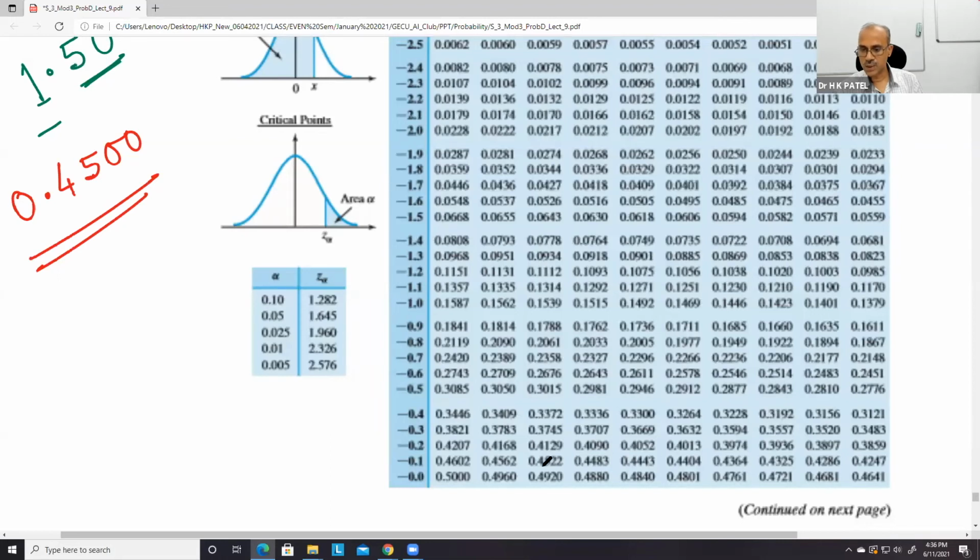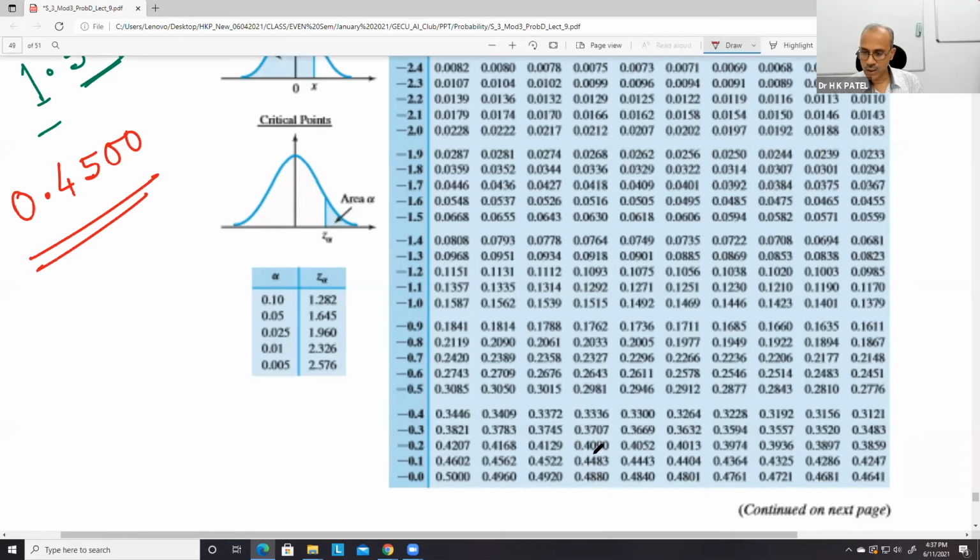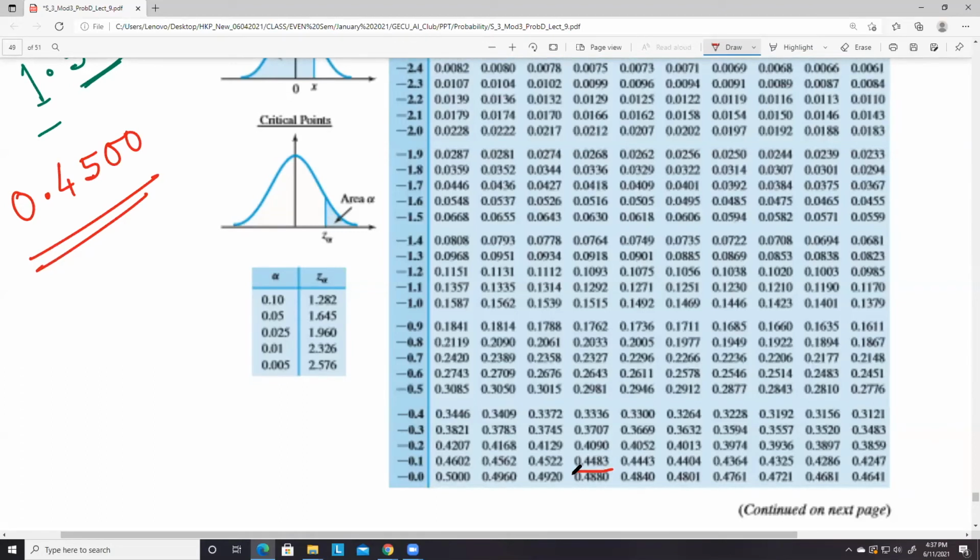For 4500, there are two numbers here, 4522 and 4483.